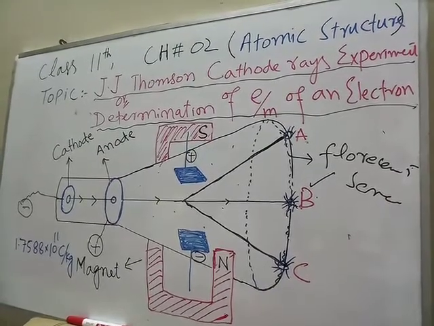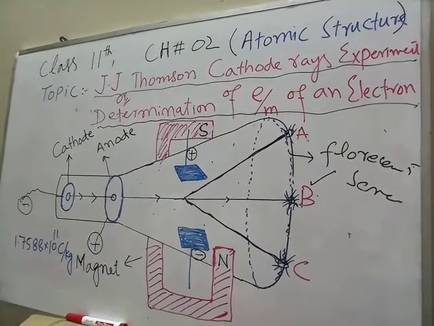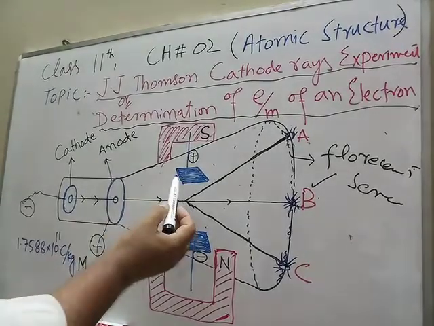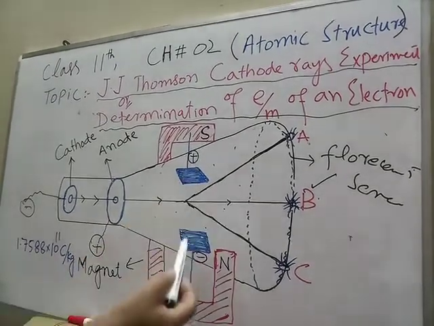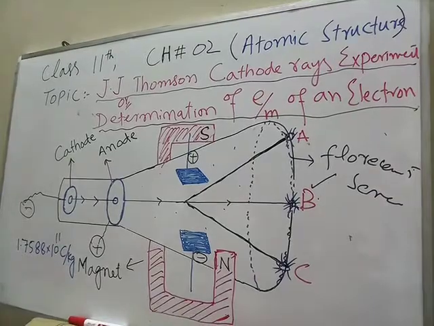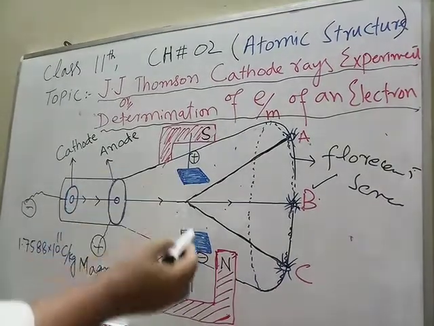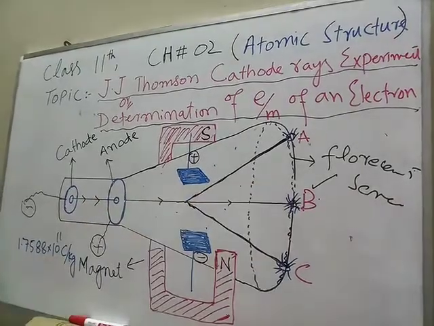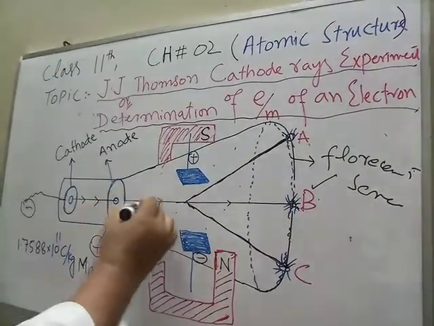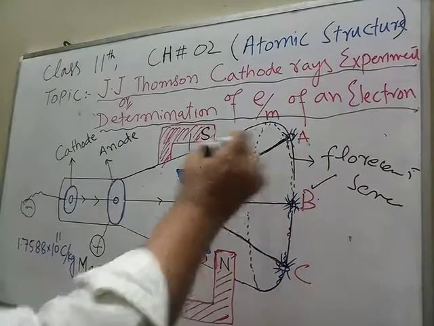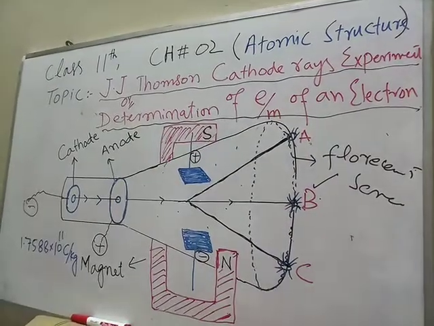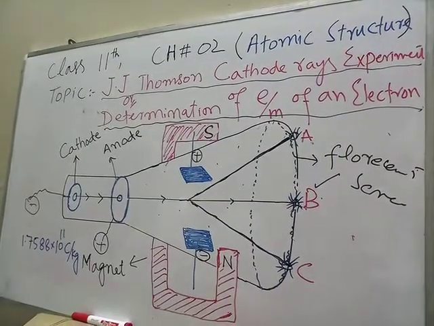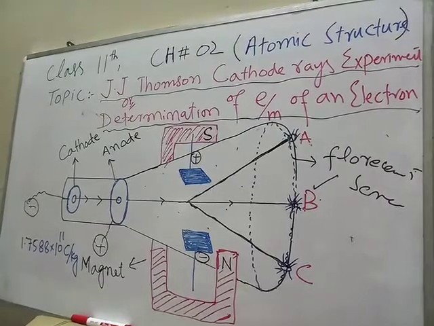Then J.J Thomson applied an electric field. You can see this is the anode and this is the cathode. When J.J Thomson applied the electric field by applying the high voltage at the path of the cathode rays, the cathode rays were deflected towards the positive electrode, indicating that they are themselves negatively charged.